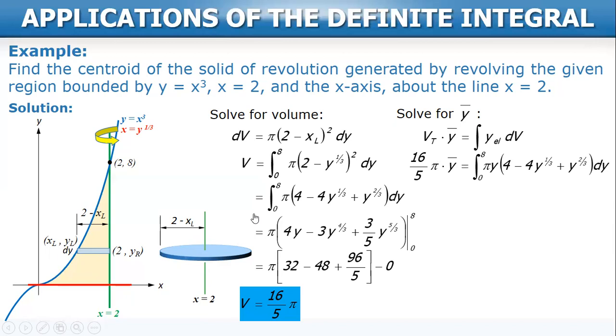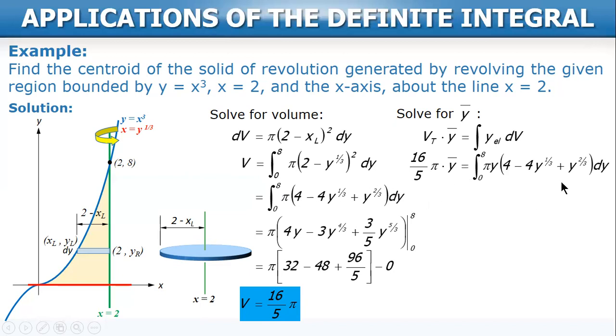So our dV is this, the simplified form. And we substitute this one here and we just include y. Ang y sub EL na to y. And then the rest is dV, pi times this times dy.